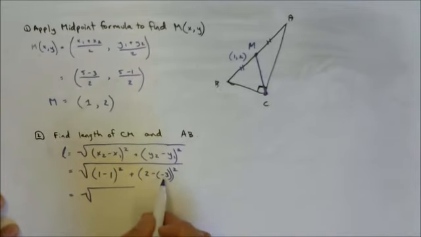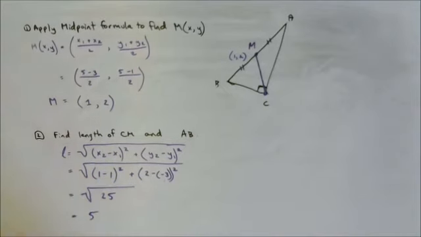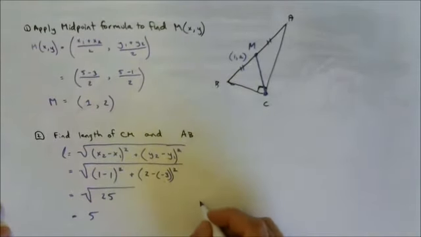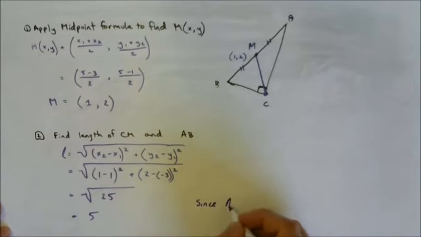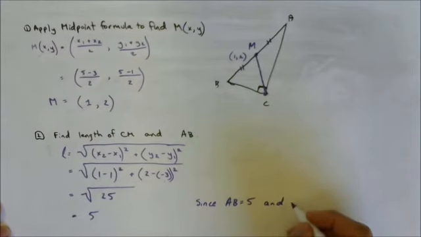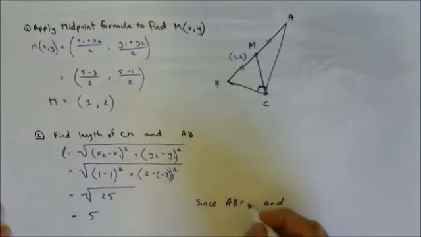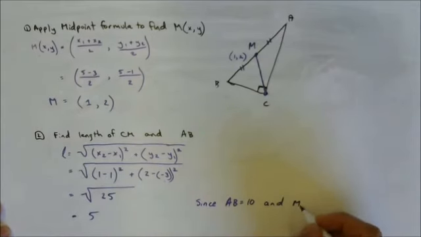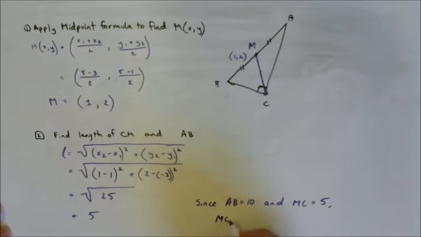Second part is 2 plus 3, which is 5. I'm going to square that. So I get 25, and the square root of 25 is back down to 5. And what do you notice? AB equals 10, and MC equals 5, so MC is half of AB.